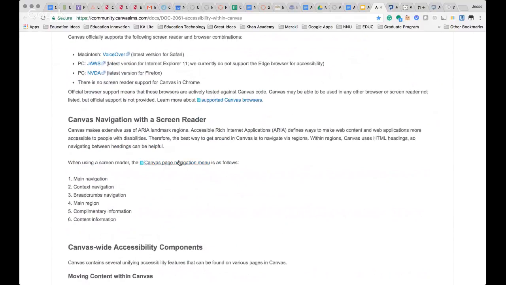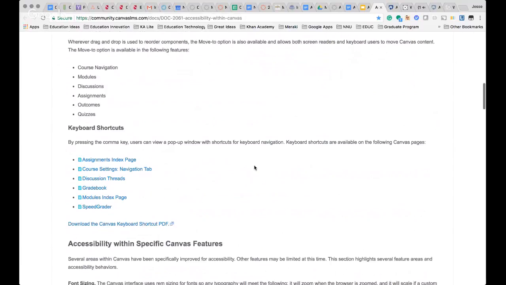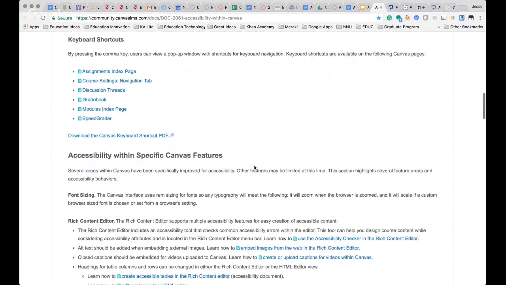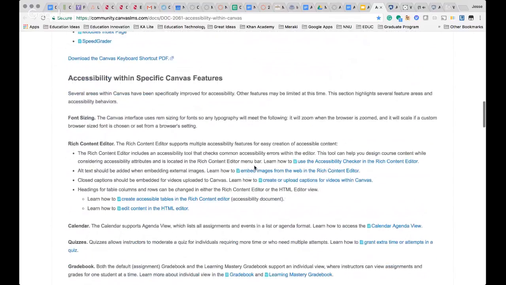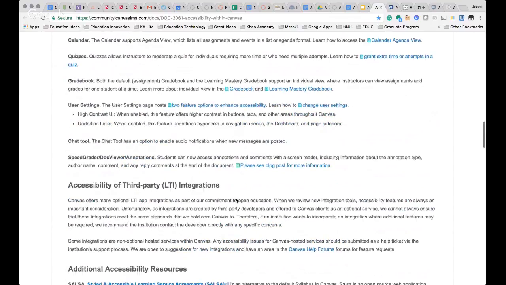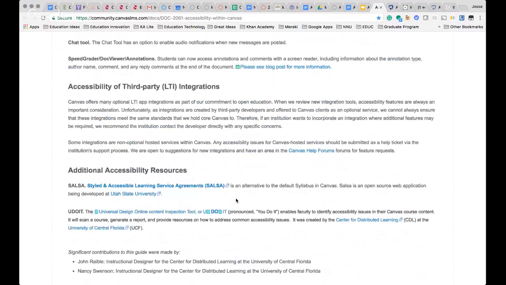The navigation works within Canvas so that the screen reader knows where the main navigation and the content and the different things are, so it can read those and people can follow along. And again, it's got all of these other great things. You can find it in the Canvas community by just typing accessibility in the search bar, and it will come up right away. And then third-party tools are a little different.